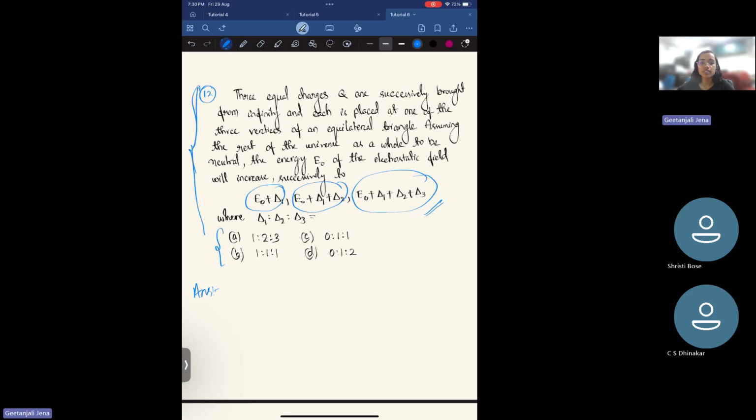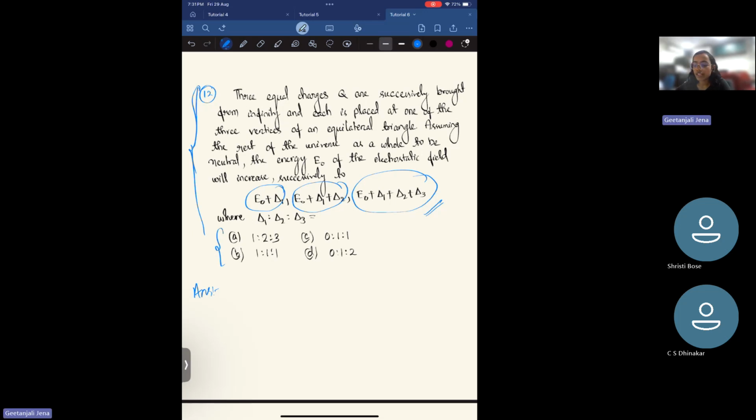Calculate one by one. What will be delta 1 when you bring a charge q from infinity to a distance, let's say a? Then calculate what will be delta 1 plus delta 2 when you bring another charge q from infinity to some distance.